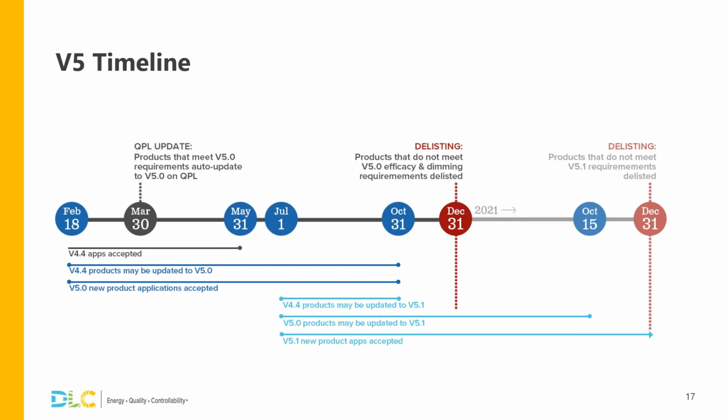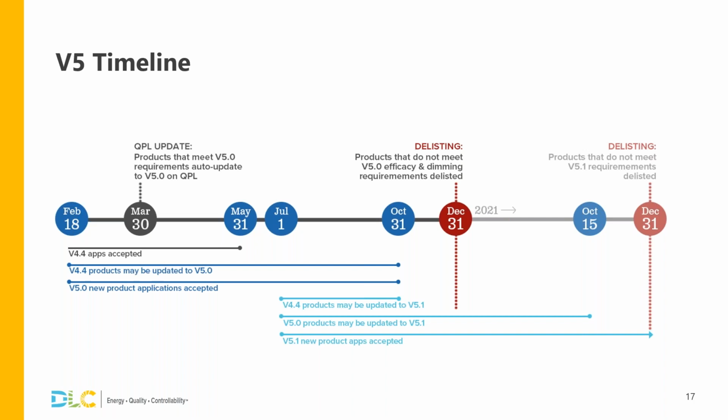Okay, here is the timeline slide again. We're going to be covering this a few more times in the webinar, so I just want to highlight some key dates to hopefully ward off any immediate questions that you have. February 18th is the first day that version 5.0 applications were accepted, and October 31st will be the last day they are accepted.